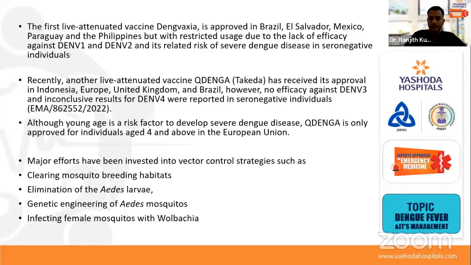So this vaccine should not be given to people who have never suffered from dengue infection. Another vaccine, Qdenga, has recently been approved in the UK, Europe, and Indonesia, but it has shown no efficacy against serotypes 3 and 4.